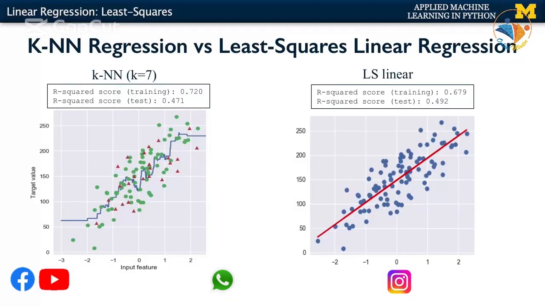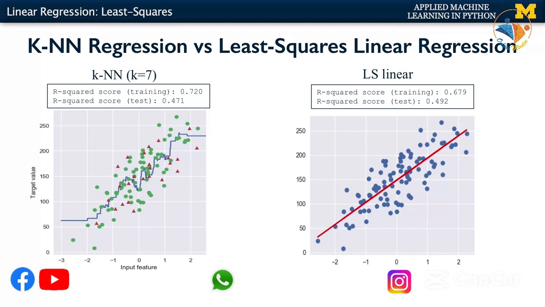Now that we've seen both k-nearest neighbors regression and least squares regression, it's interesting to compare the least squares linear regression results with the k-nearest neighbor results. Here we can see how these two regression methods represent two complementary types of supervised learning.